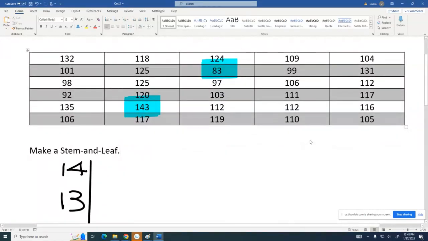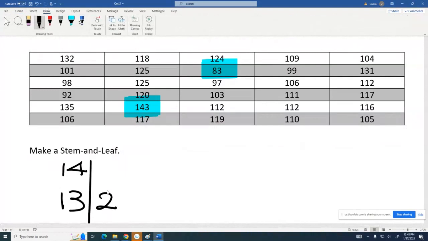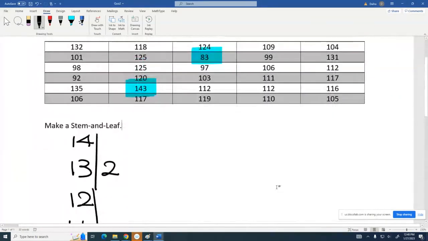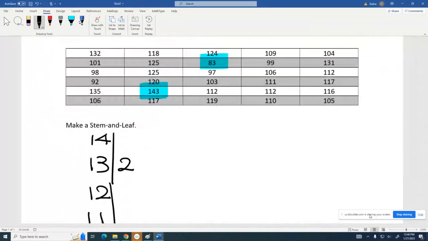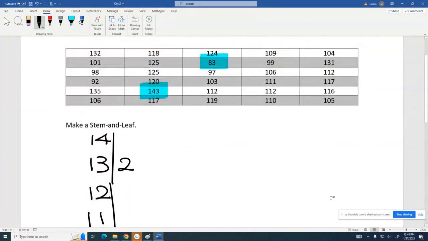You know the 132 must be here, right? And 118, it will be 11 and 8. And the next one will be 124, 12 and 4 in the first column in the leaf.